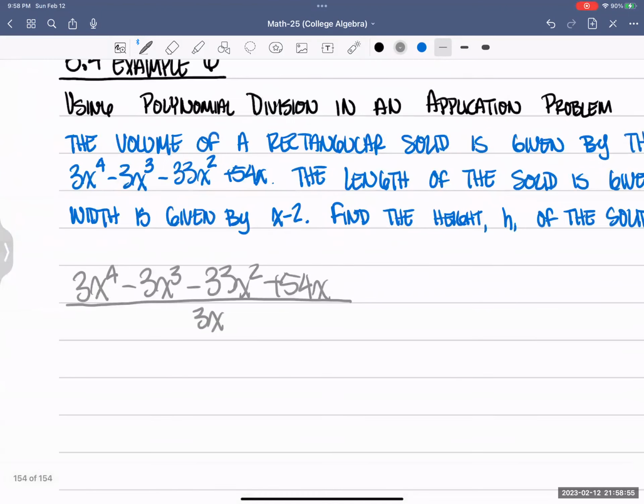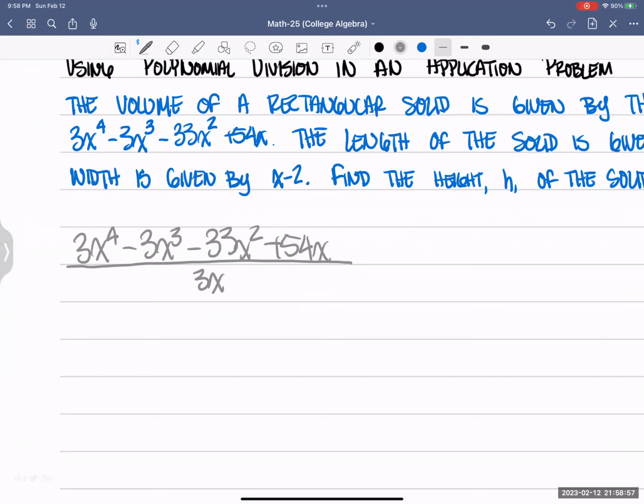So just dividing this simply, we're dividing 3x into each of those terms. To expand it, that's 3x to the power 4 divided by 3x, minus 3x cubed divided by 3x, minus 33x squared divided by 3x, plus 54x divided by 3x.